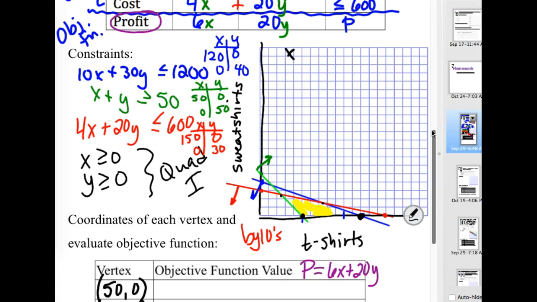Okay, so we have x plus y has to be greater than or equal to 50. Let's just look at where they actually cross. So equals 50. And red was 4x plus 20y equaling 600. How would we solve that system? What could we do? So you're thinking substitution?